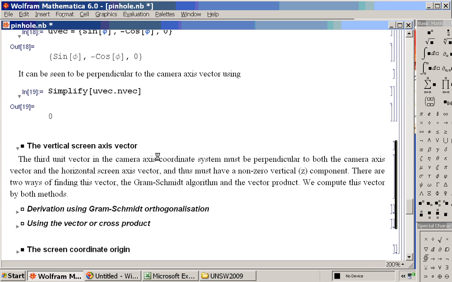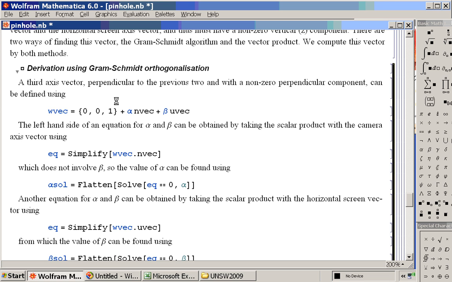And we will compute this vector using both methods. So let's start with Gram-Schmidt. So we define the third, the vertical screen axis vector, to be a unit vector in the vertical direction, and then a linear combination of the camera axis vector and the horizontal screen axis vector.